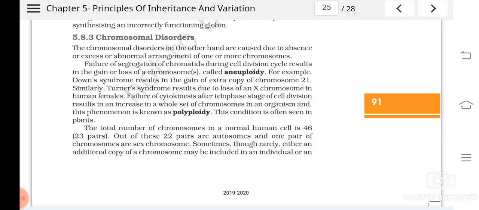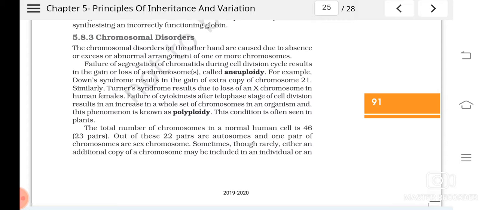Chromosomal disorders are caused by aneuploidy or polyploidy. In aneuploidy, what is happening? A single chromosome or chromosomes may be extra or less than the normal condition. In polyploidy, the complete set gets multiplied.